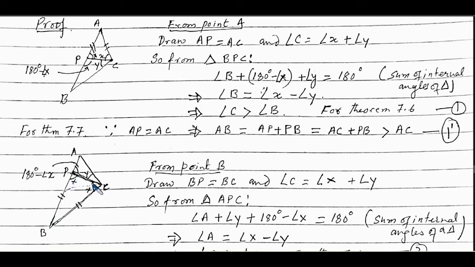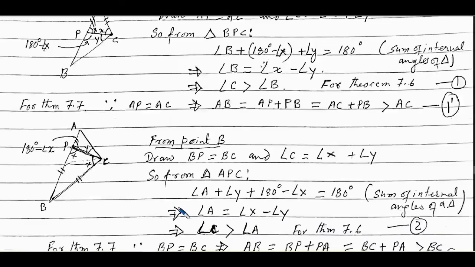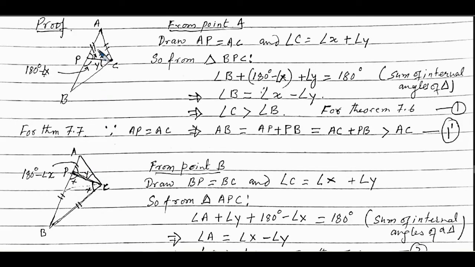And again I label this as angle X and this as angle 180 minus X. And angle C is again X plus Y. This is angle X and the remaining part is Y. So from point B we draw BP equal to BC, so it's an isosceles triangle. And angle C is angle X plus Y, like above. So now I consider triangle APC. Here I made this one isosceles, and I consider this triangle.